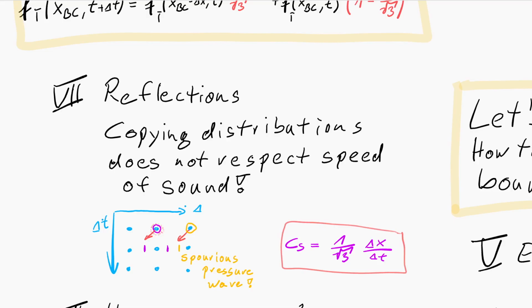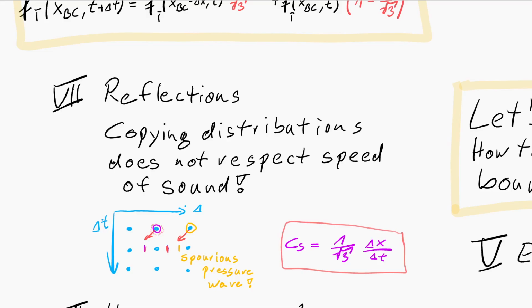So a pressure wave will not move to the next node, but it will only move a 1/√3 part of the node. So it will arrive basically here in this position.